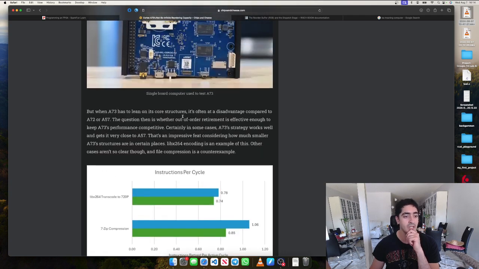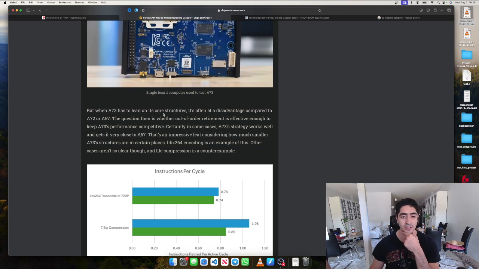But when A73 has to lean on its core structures, it's often at a disadvantage compared to A72 or A57. The question then is whether out of order retirement is effective enough to keep A73's performance competitive.